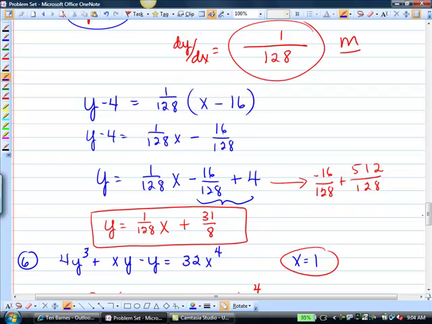Okay. So, same steps. You're taking the derivative, evaluating it at a point, and putting it in the point-slope form.